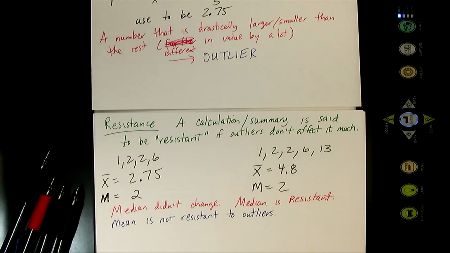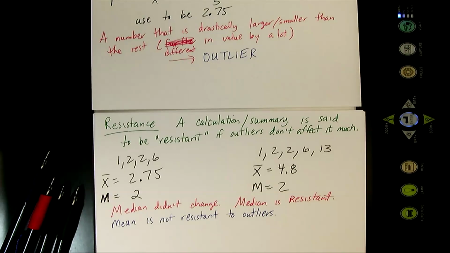Another way of looking at it is, let's say we were talking about annual income. And we got our annual income, and then in walks Elon Musk. And then we start talking about annual income again. Now, all of a sudden, the average annual income with Elon Musk in the room is probably in the millions.